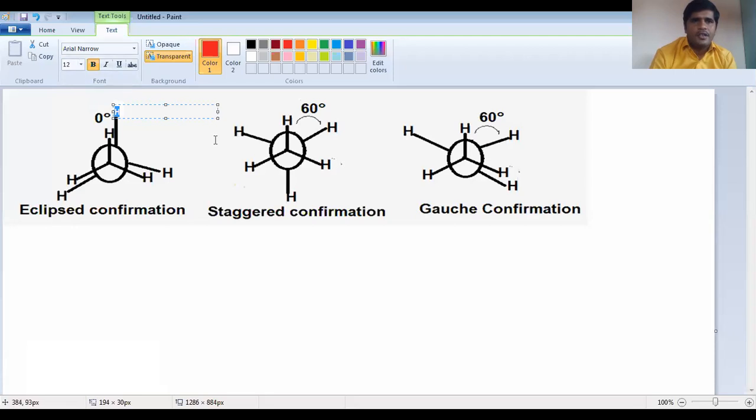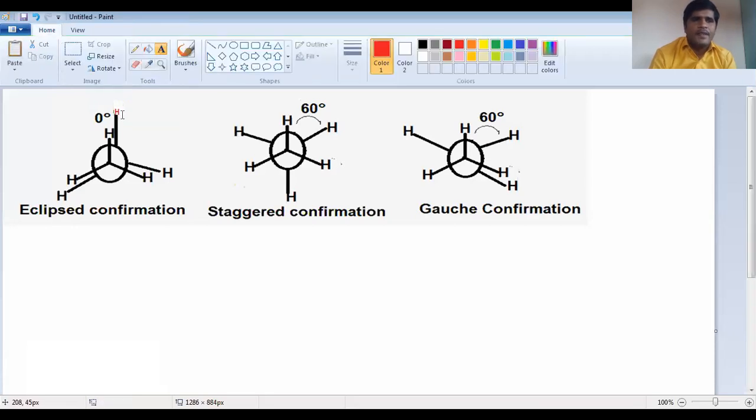The hydrogens have a difference between them, a 0 bond angle or torsional angle.